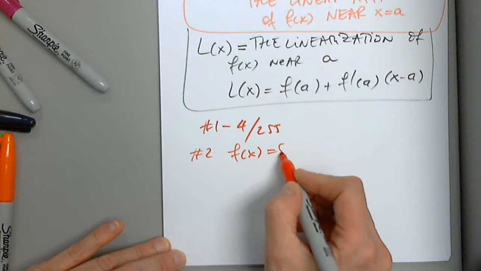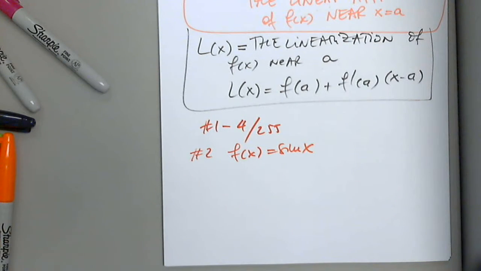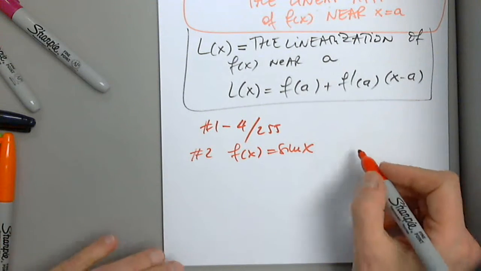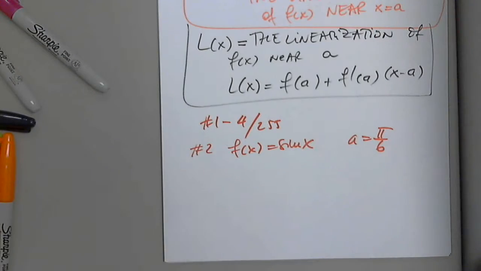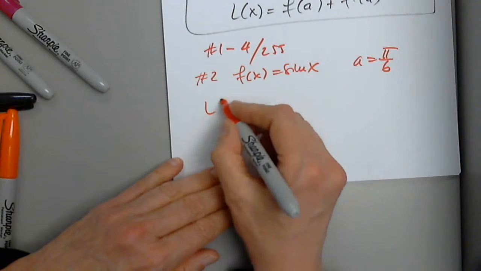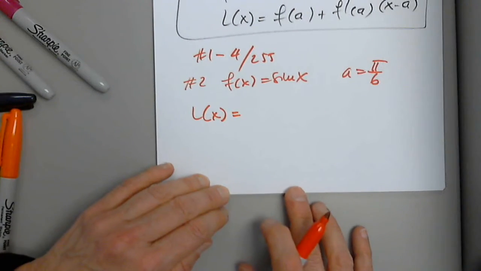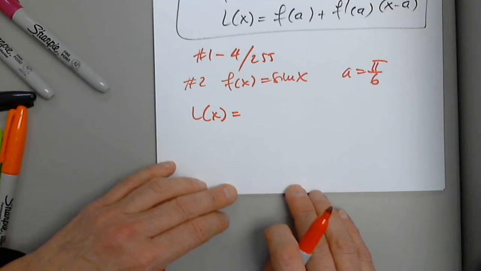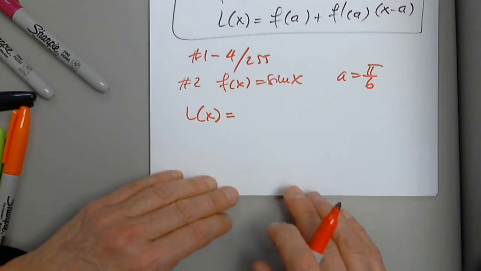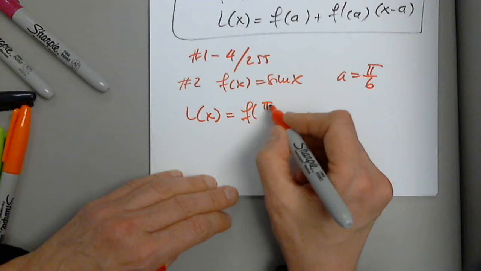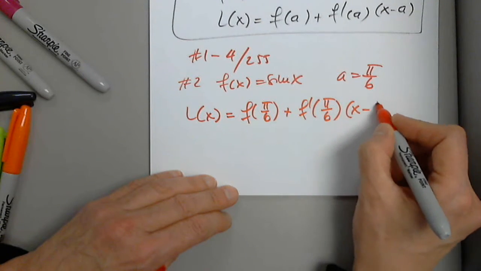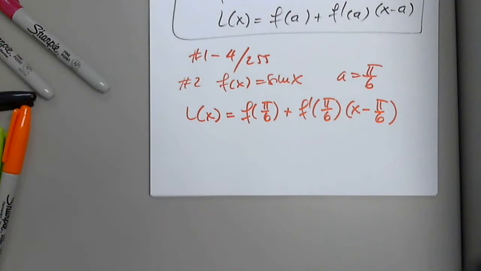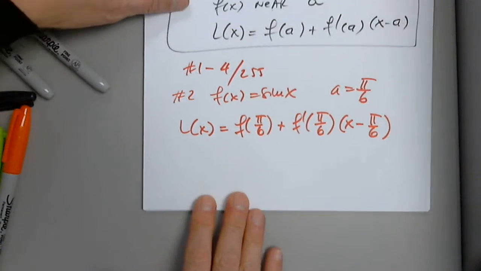F of x equals sine x, a equals pi over 6. So they're asking us to find the linearization L of x. And you know that this is nothing else but the y value given by the equation of the tangent line. So f of pi over 6 plus f prime of pi over 6 times x minus pi over 6. So let's compare.